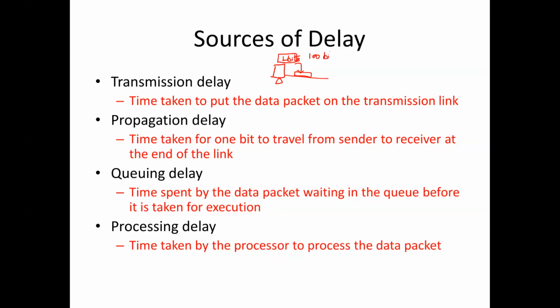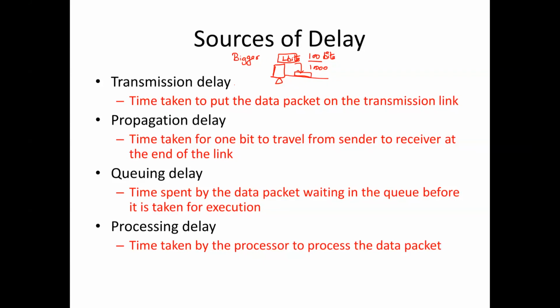Bit by bit, the data is generated by the application running on the system, and whatever the size of the packet, the entire packet has to be placed onto the medium. That time is called the transmission delay. So the bigger the packet size, the more time it takes to place it onto the medium. Smaller packets can be placed quicker.